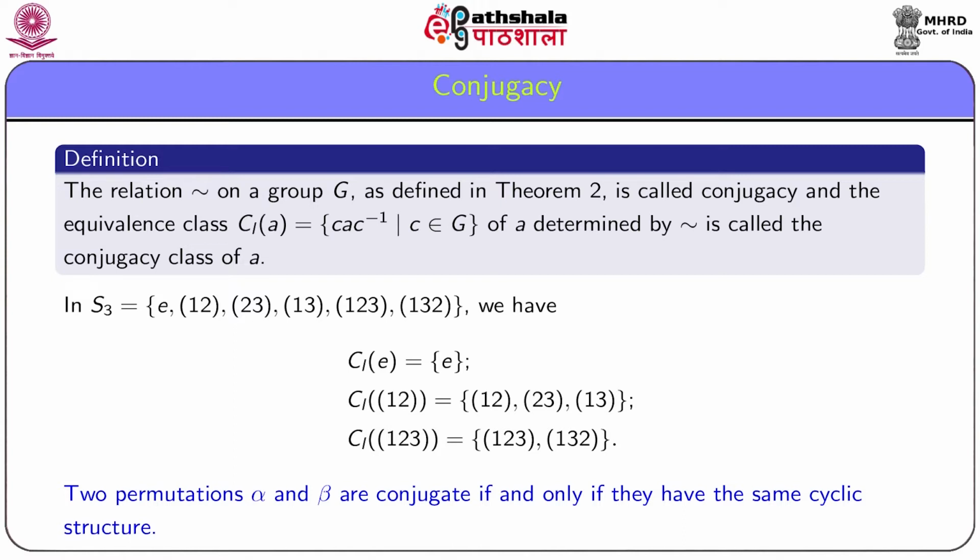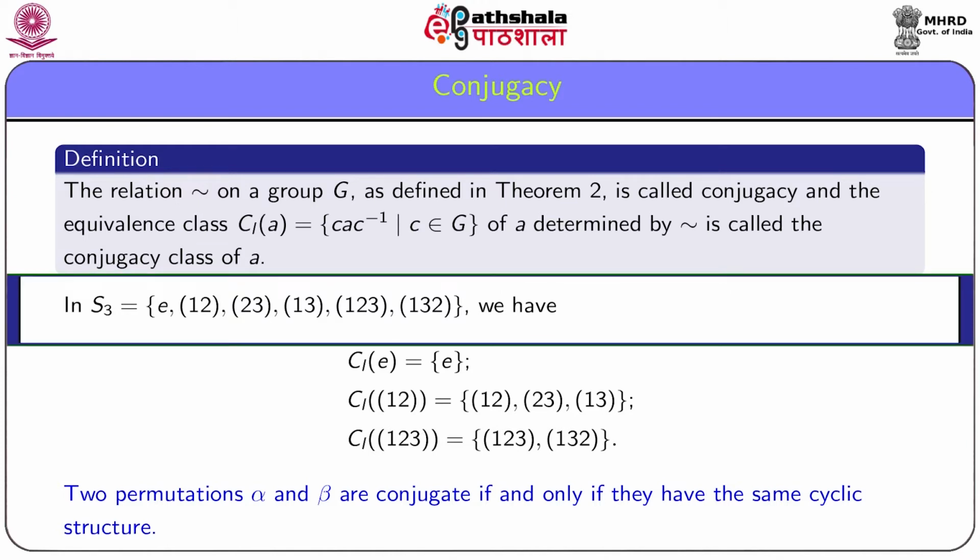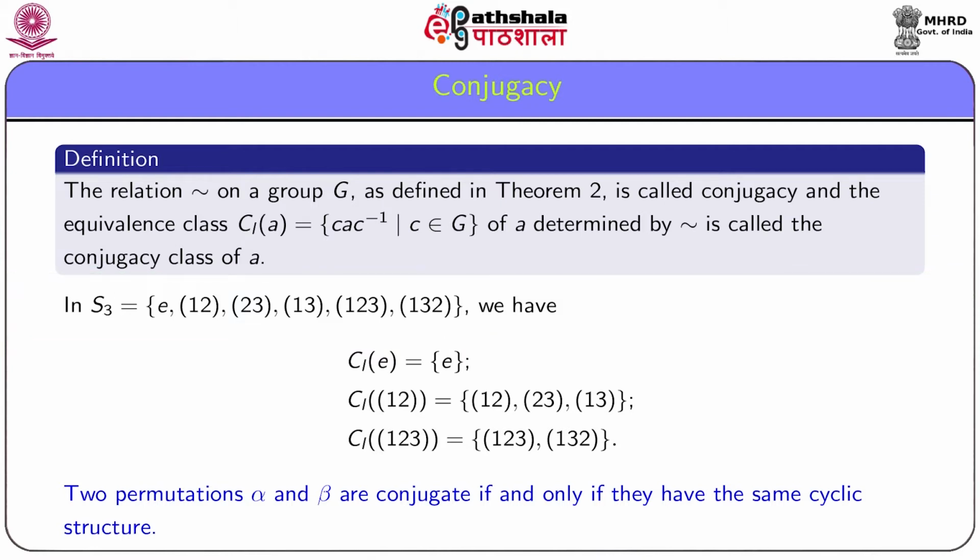In the following, we find the conjugacy classes of the elements in S3, the group of all permutations on 3 symbols. Recall the result that two permutations alpha and beta are conjugate if and only if they have the same cyclic structure.